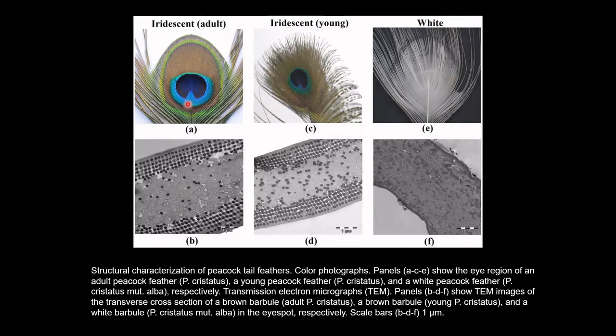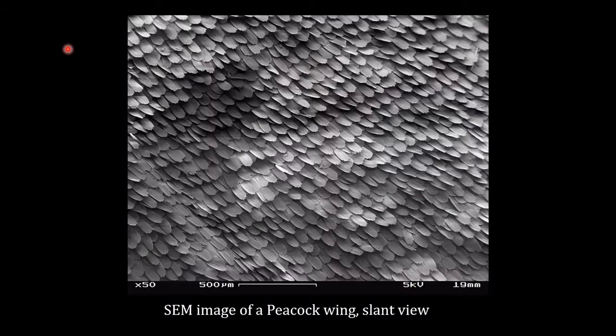Now, that doesn't quite explain this feather, because I think with the peacock feather, no matter where you're looking from, the eye of the feather is going to look the same color. But it does help explain, oh, by the way, here's another electron micrograph of a peacock feather way up close, a lot like a diffraction grating.